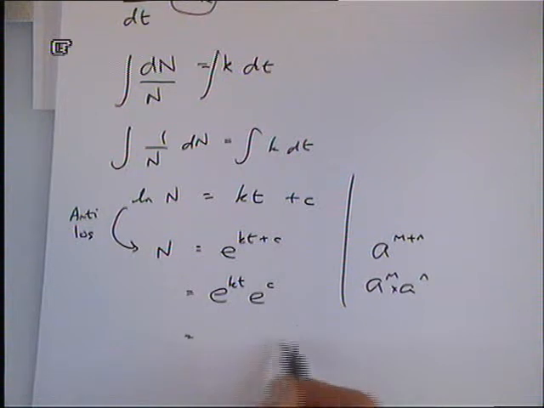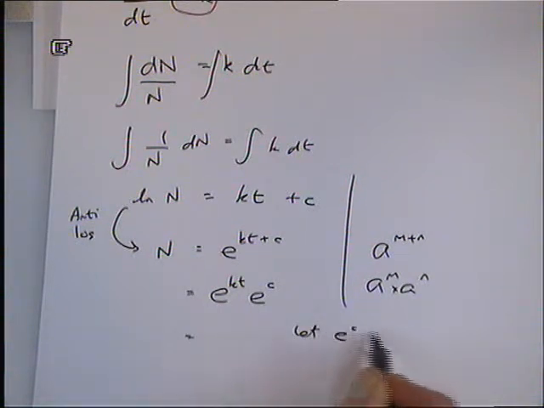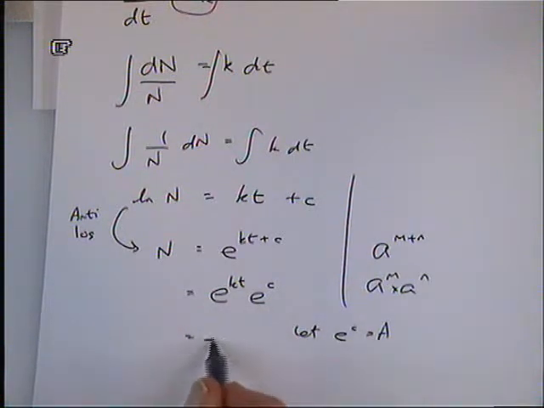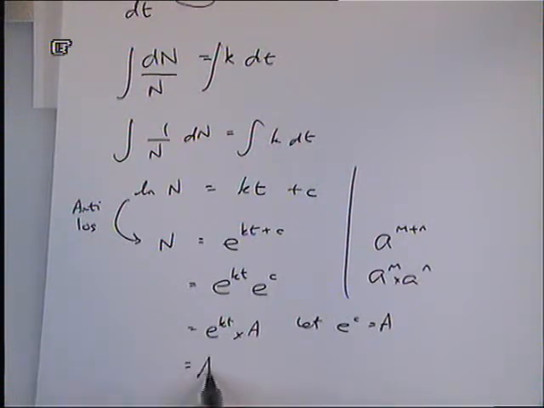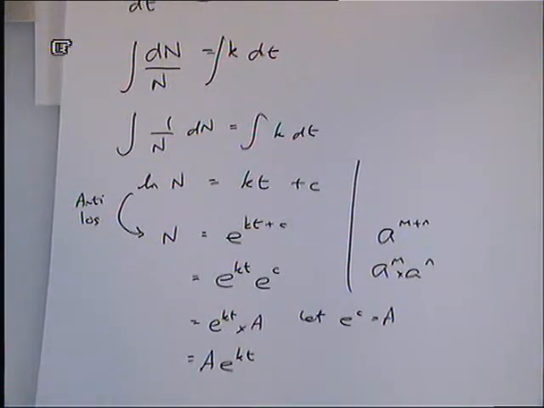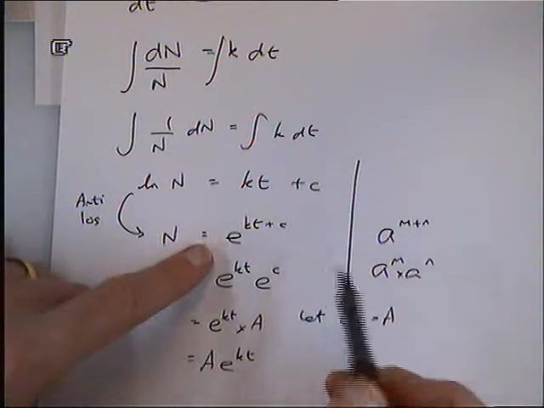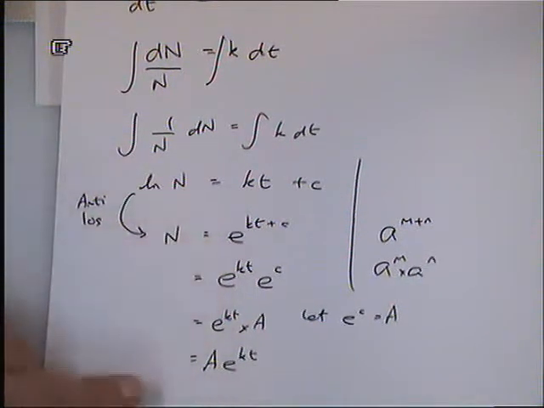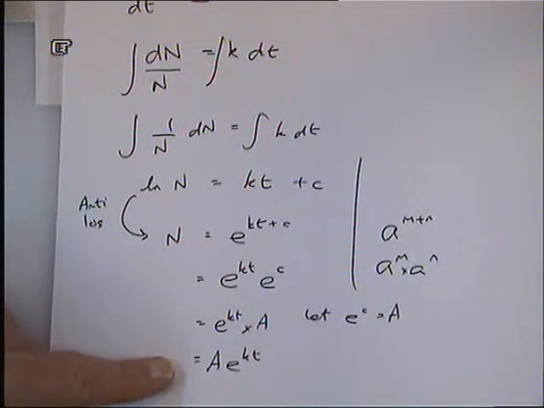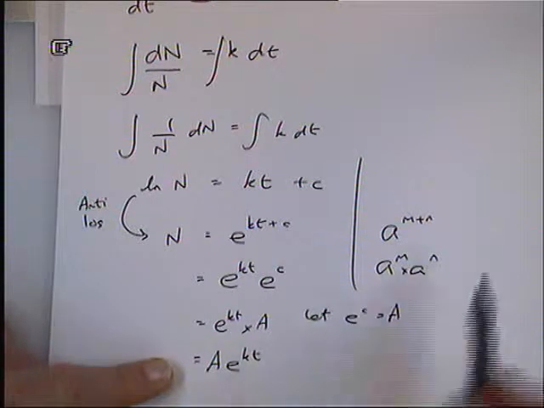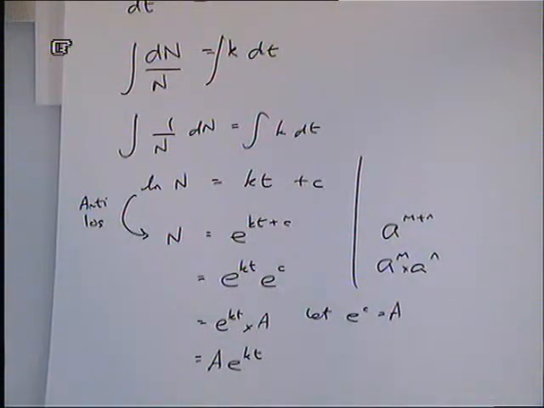So what often happens is they say, well, let's call e to the c be big A. And then, instead of having that, you can say, well, that's e to the kt times by A, which is normally just written as A e to the kt. And if you look through mark schemes and things, if you've got that and they've got this, it is the same thing. And you just need to realise that. What they have done is just use the laws of indices over there. So that's what n is equal to.